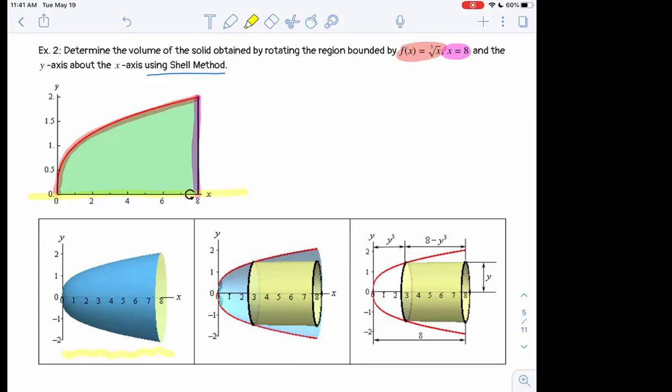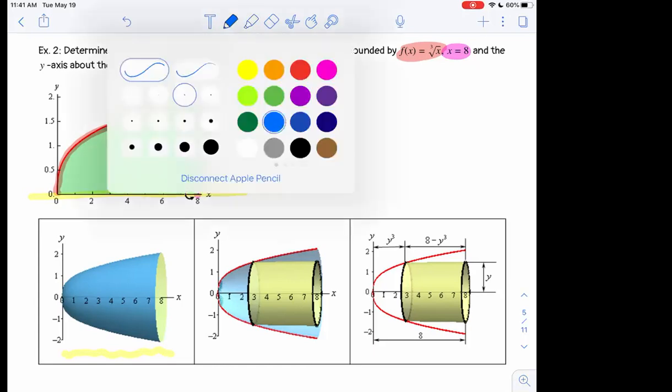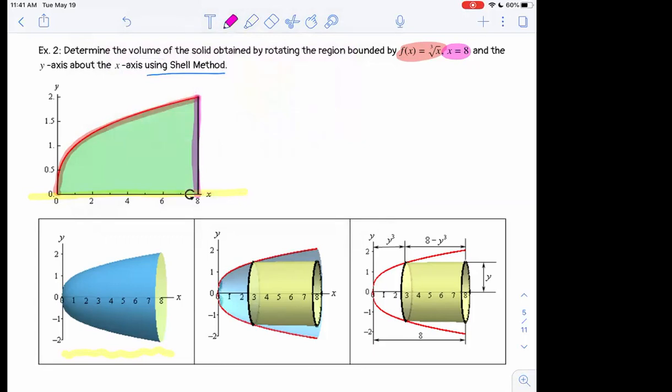So I can tell from the diagram, but I can also tell. So if I'm thinking about using shell method here, what directions do my lines need to go? Horizontal or vertical? Horizontal. Yeah, shell method, I've got a horizontal axis of revolution.